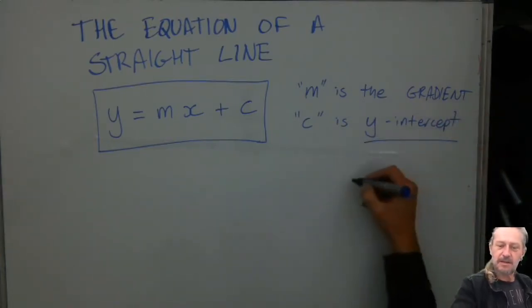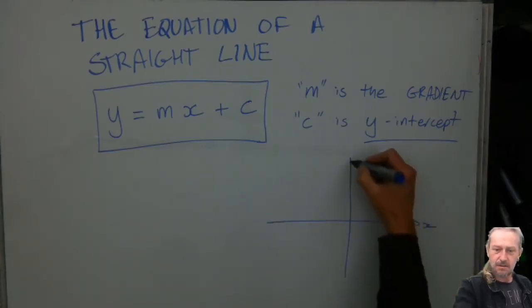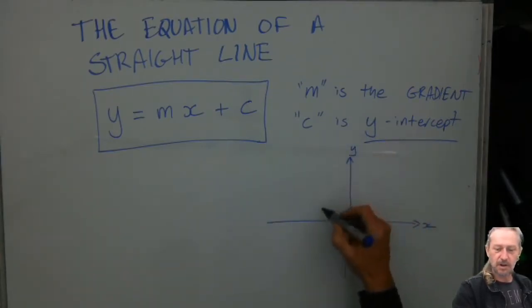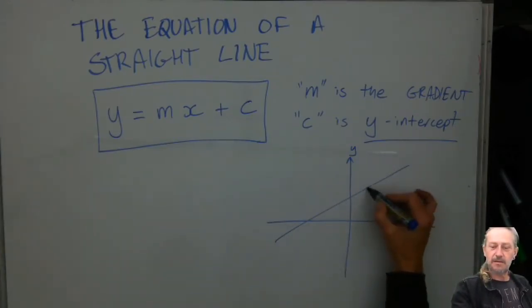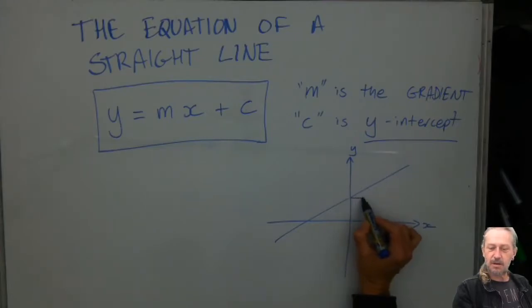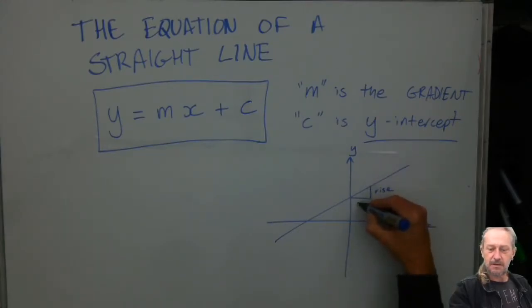And what that means is if we have our axes and we've got a line like that, the slope talks about, for every step we go in the x direction, how far up: rise over run, m.